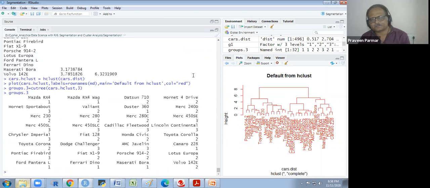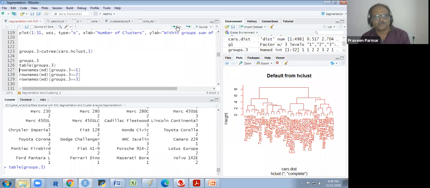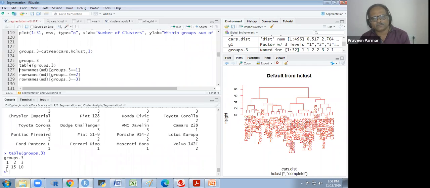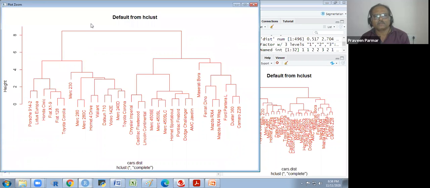This way I will get the membership. And I will show you the table: in the first cluster there are 7, in the second cluster 15, and in the third cluster 10. If I show you here also 7, 15, and 10, you remember this. And I will show you if I take 3 clusters, how many we get over there.